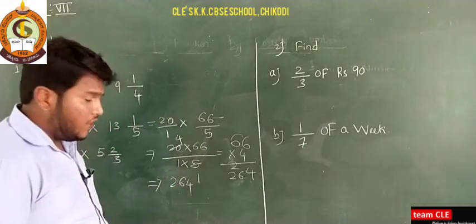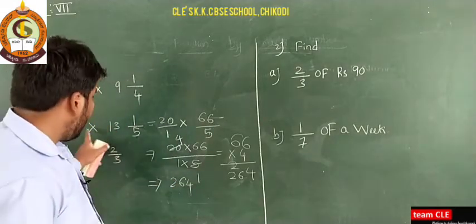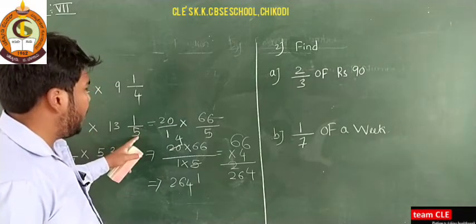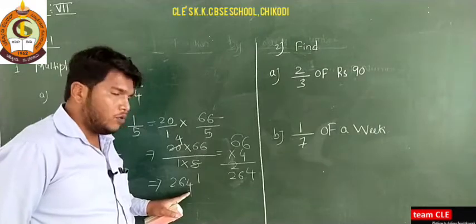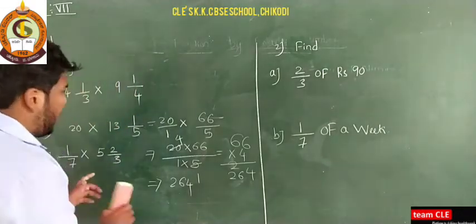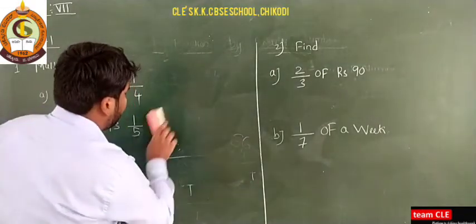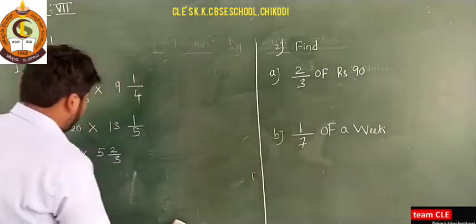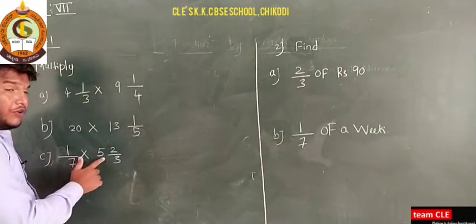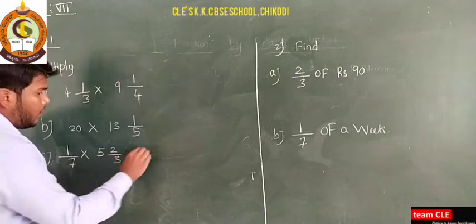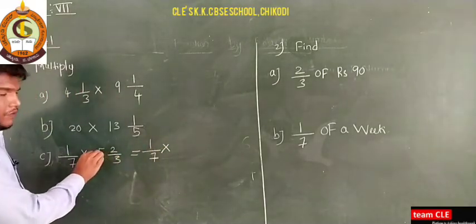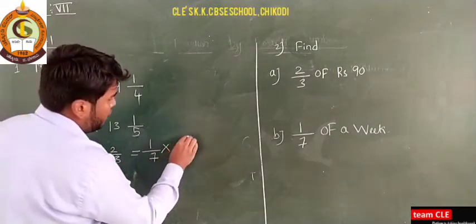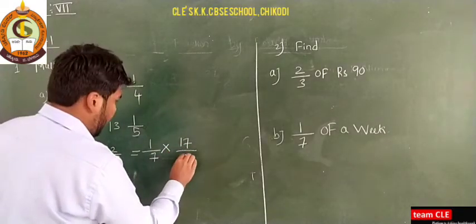So this is the second one, that is 20 into 13 integer 1 by 5. I got the required answer as 264. Please note down this problem. Next one, last problem I am going to solve, that is once again from the first main, 1 by 7 into 5 integer 2 by 3. So 1 by 7 I write as it is, into 3 5s are 15 plus 2, which equals 17 by 3.